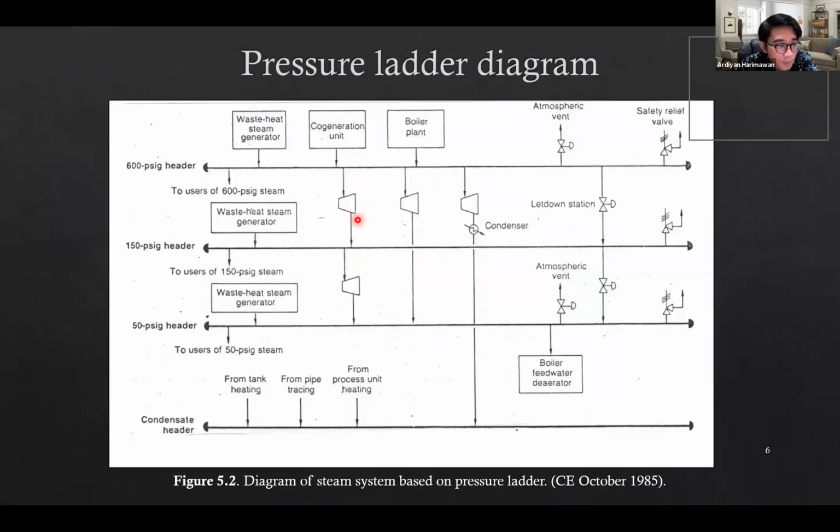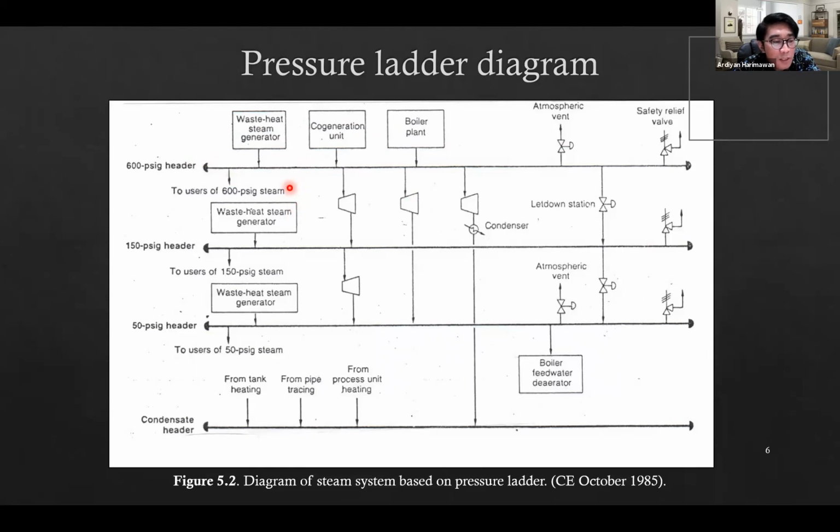Okay, from this steam ladder, you can see the equipment that produces steam will be placed at the top. The boiler plant, because the main source of the steam is the boiler, right? So this is the boiler, or maybe steam can be produced with the cogeneration unit, and also another with a heat steam generator if available. So basically, at the plant, you must first design what will be the highest pressure of the steam required.